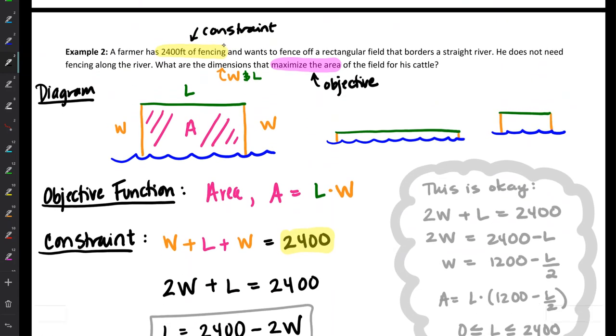Now, because the constraint is 2,400 feet of fencing, if both the W's added up to 2,400, then you would have used up all the fencing on the width, and you'd have no fencing left over for the length, right?